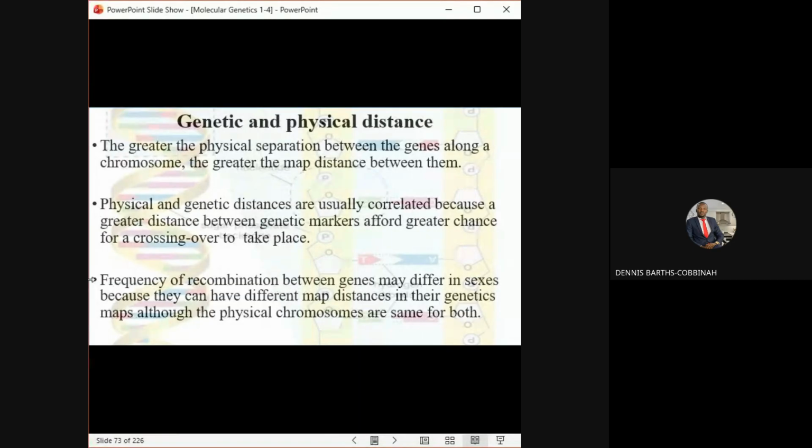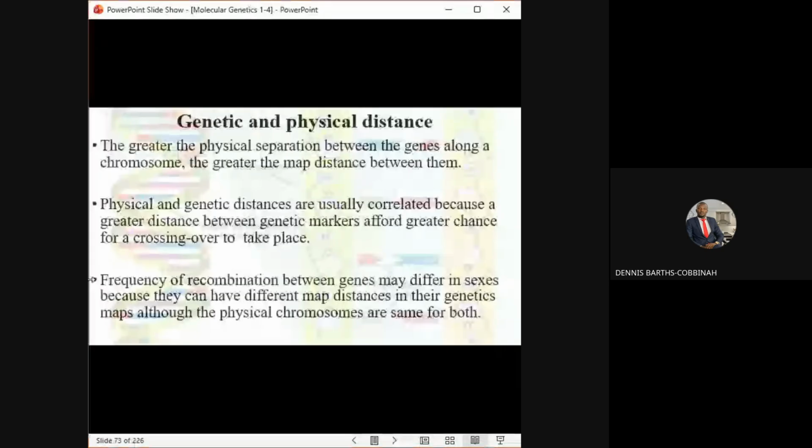So physical and genetic distance are usually correlated because a greater distance between genetic markers affords a greater chance for crossing over to take place. And I think that is widely explained.